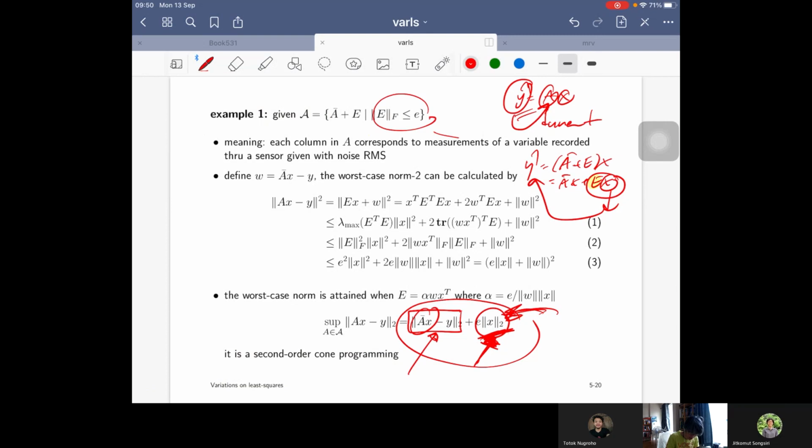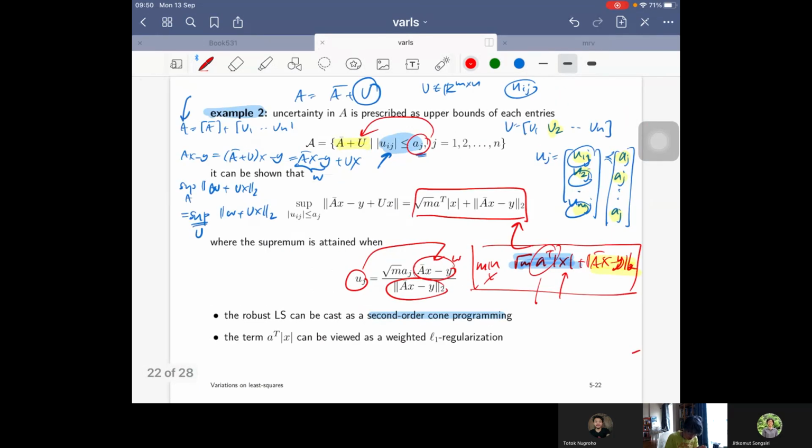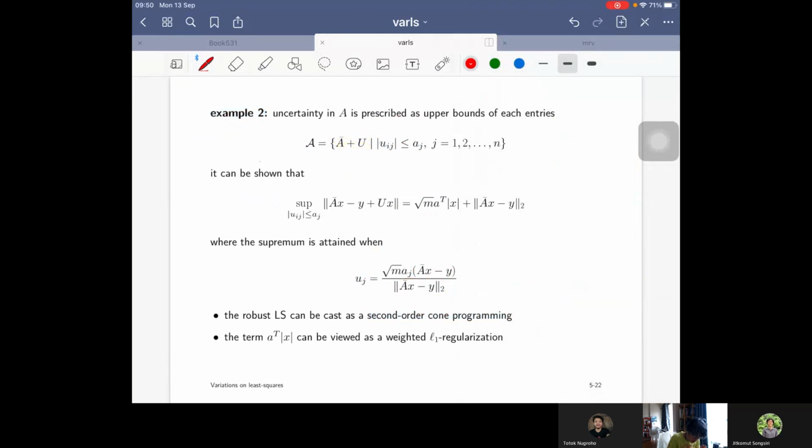In example 1, you use the Frobenius norm, you end up with the two norm. In example 2, my point is you use an upper bound on the error term. The upper bound is like controlling the infinity norm of the jth column in U. It is nice to see that the resulting formulation plays the role of an L1 penalty.